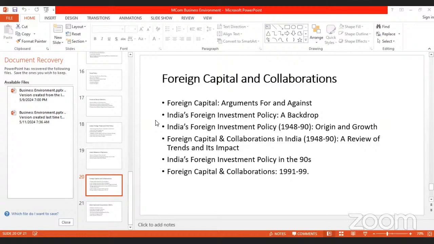The trend and impact of these policies reflect our dynamic journey towards becoming a competitive player in the global economy. Continuous reforms and strategic policies are essential to sustain and enhance the benefits of foreign capital and collaboration. So this was all about foreign capital and collaboration in very short. I hope it's clear.